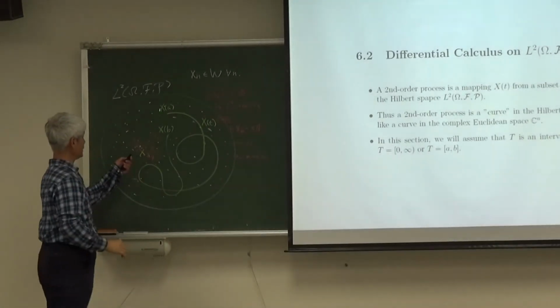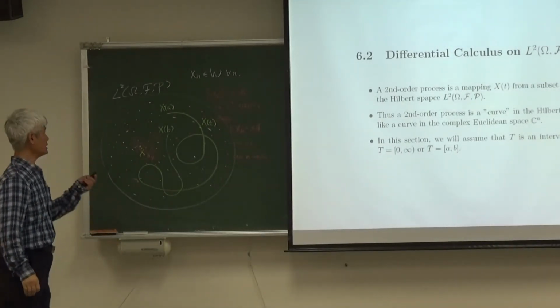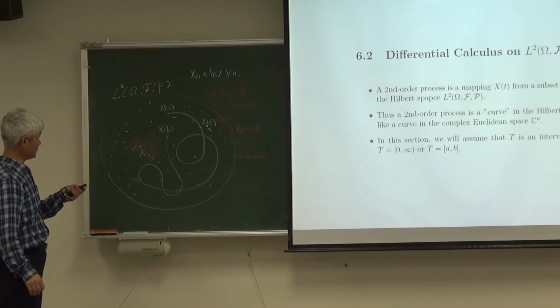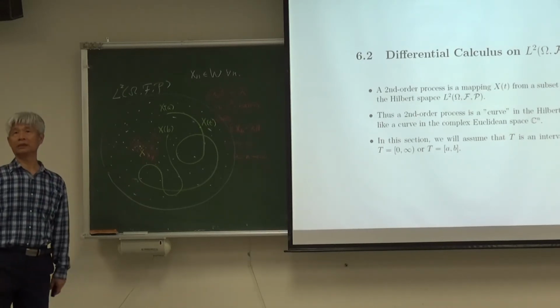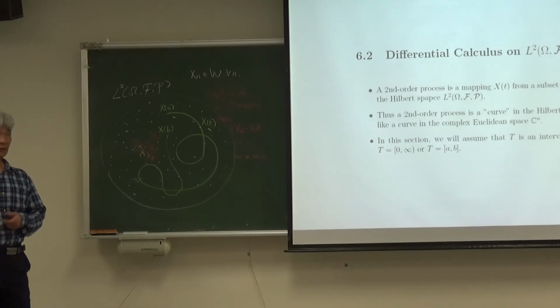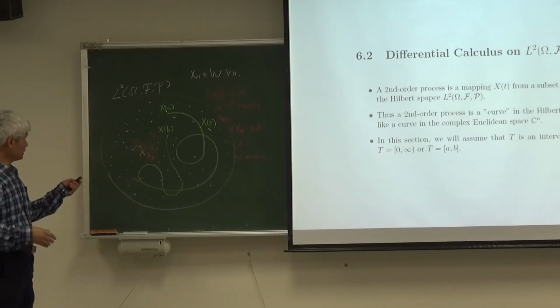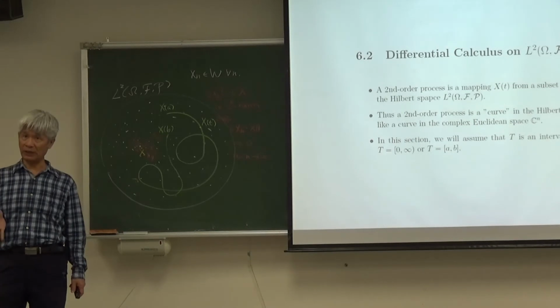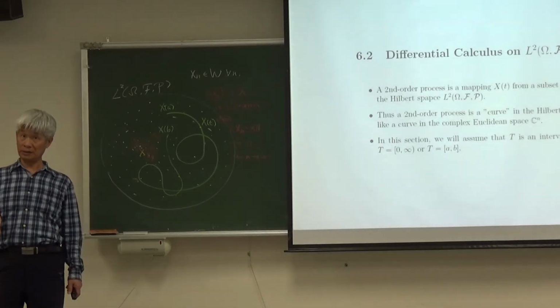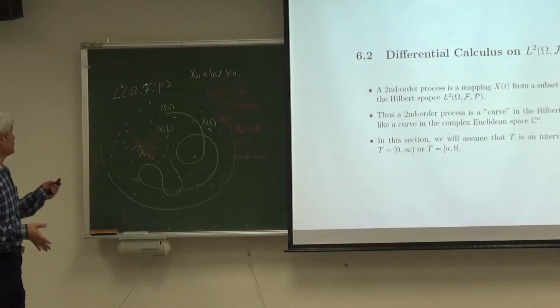Each one is a random variable in L2. As t goes from a to b, the random variable moves in the L2 space this way. Alright, so this stochastic process is now a curve in the L2 space.